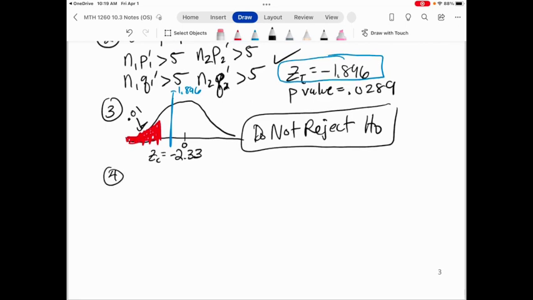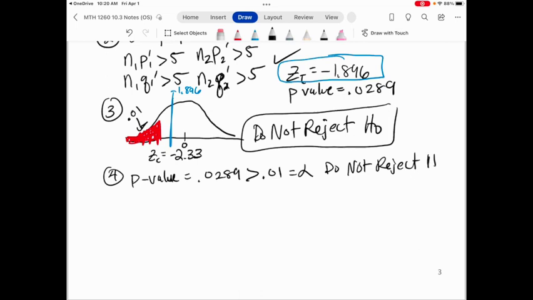All right, now for part 4, we're going to do the p-value method. We got that our p-value was 0.0289. That is greater than 0.01, which is equal to our alpha. When our p-value is greater than our alpha, we say, do not reject the null hypothesis.